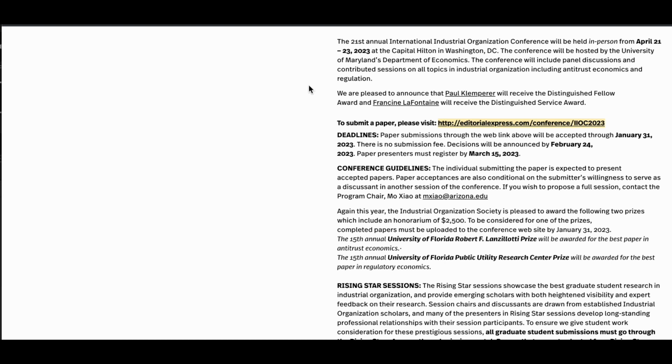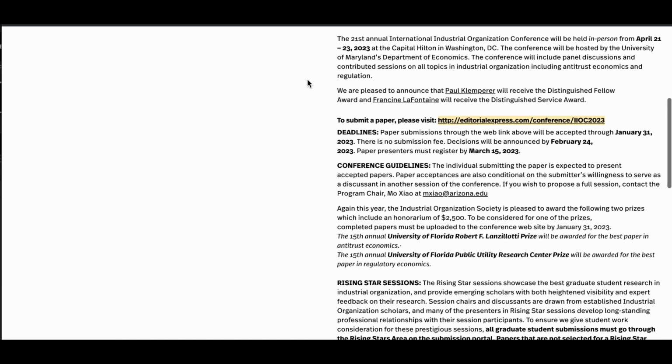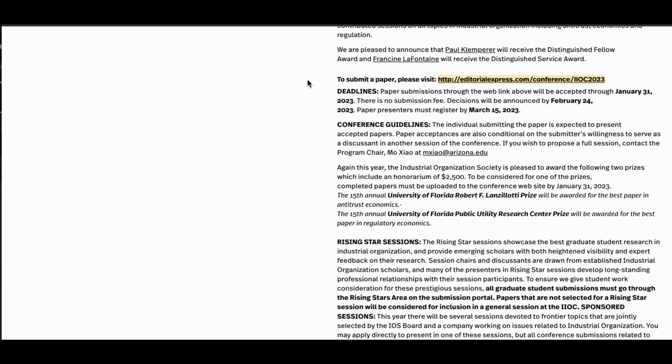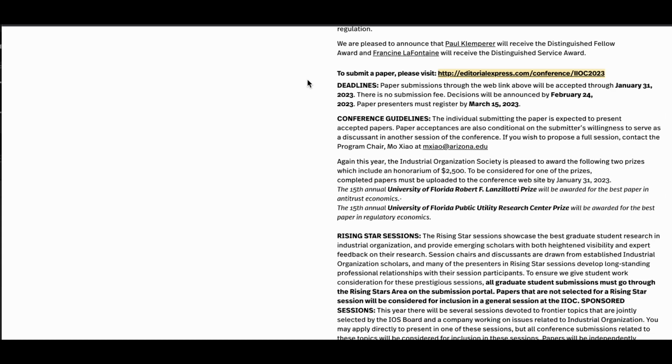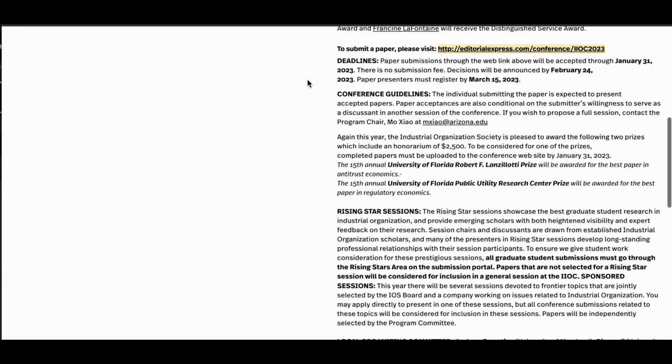So this is outside of our subject area here, but it still helps us to figure out how a call works. It's telling you the topics that they're interested in exploring in the conference and the kinds of papers that they're looking for. And so they're setting a sort of constraint or limitation on what you could submit. Then they announce some awards that are going to be given out.